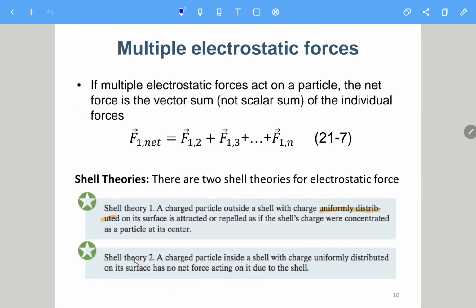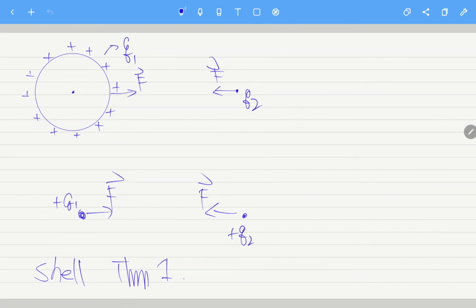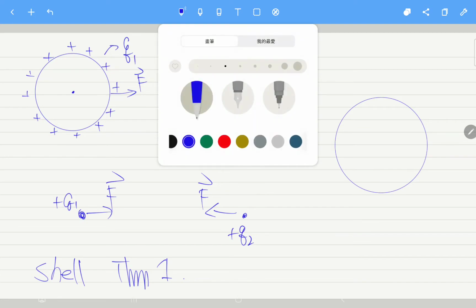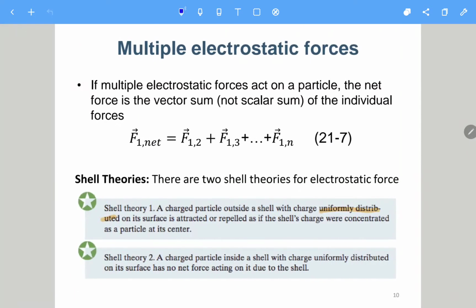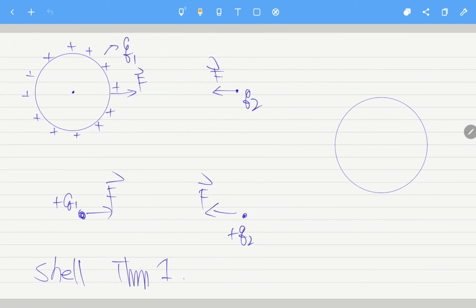Okay, so for Shell theorem 2, a charged particle inside a shell with charge uniformly distributed on the surface has no net force acting on it due to the shell. So this case is like if you also have a shell like this, and then you also have charge uniformly distributed on the surface.